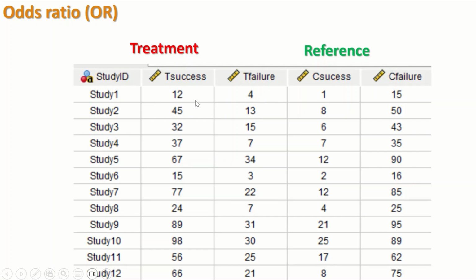The number of events occurring is recorded for the treatment and for the reference, and the number of events not occurring is also recorded for treatment and for reference. So here we have a binary outcome, which has only 2 levels, either the event occurring or not occurring. Then the effect size estimate will be the odds ratio.